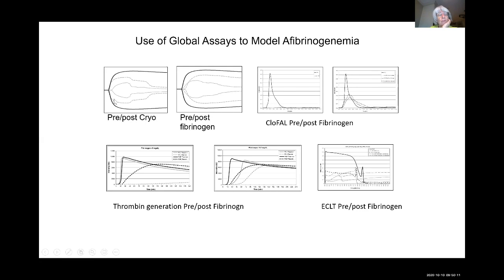So this is a person with afibrinogenemia who did not have a complete absence of fibrinogen, right, from a prior treatment, still had a little bit, and received cryoprecipitate.